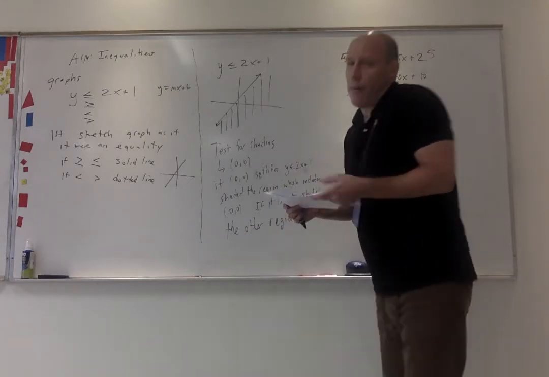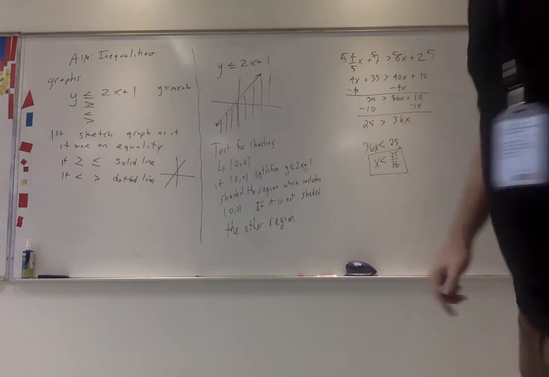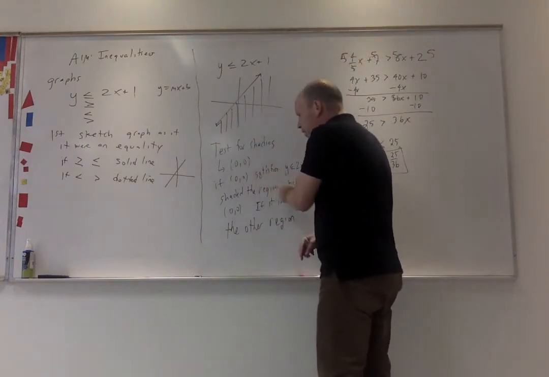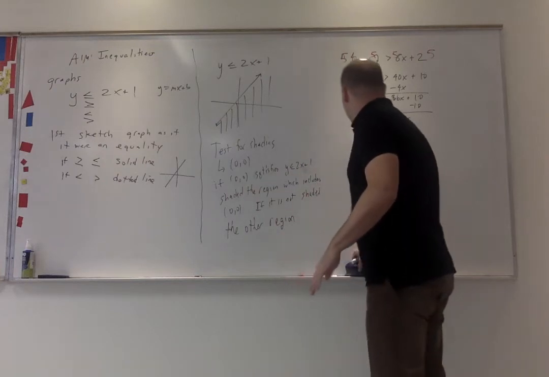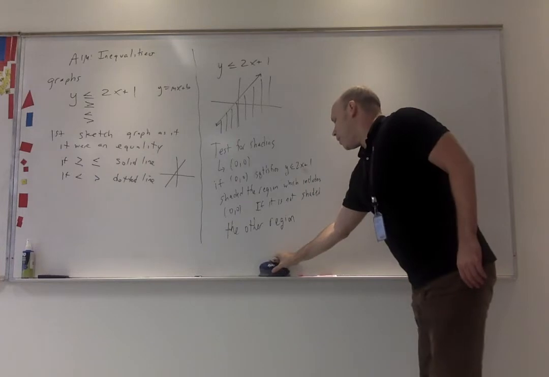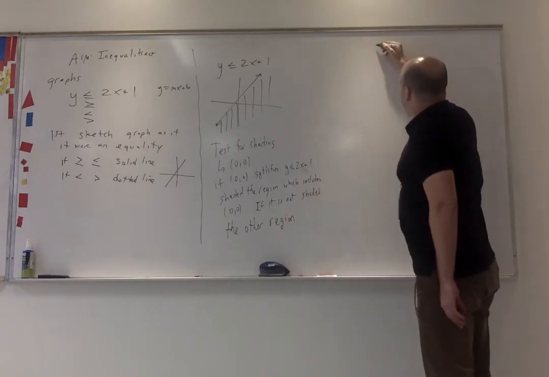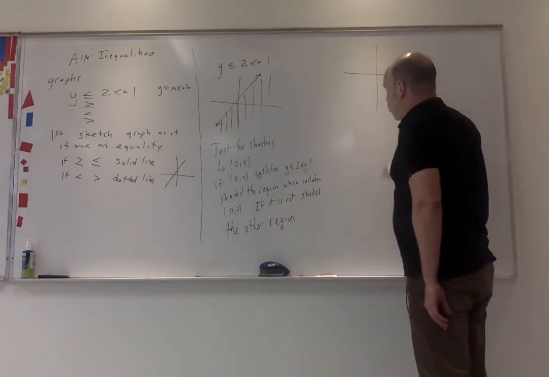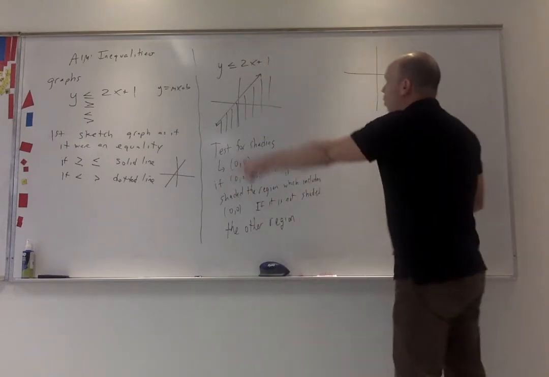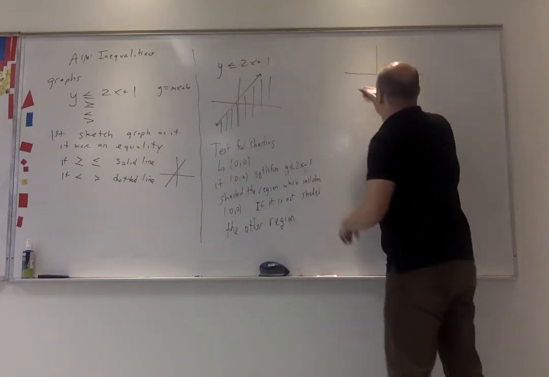Okay, so let's talk about this a little bit more. I'm talking about testing, shading, and regions. So let's go back a step. We sketched our graph. You said, okay, y equals 2x plus 1, and we know because they're equal, it's solid.